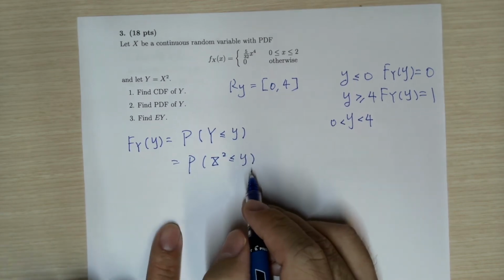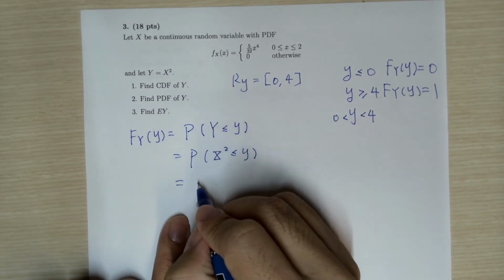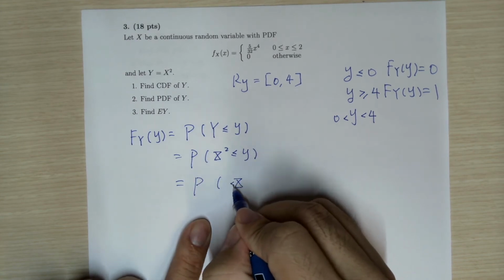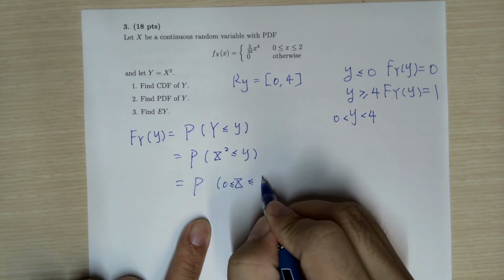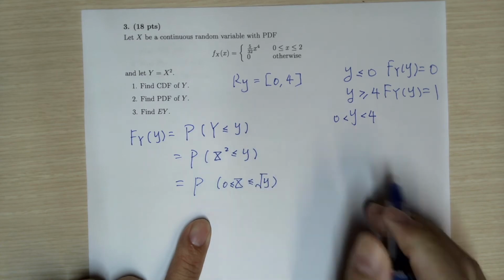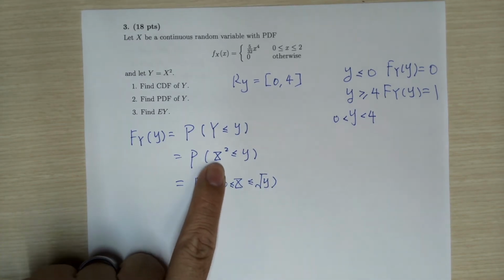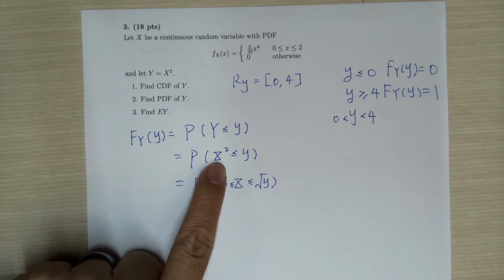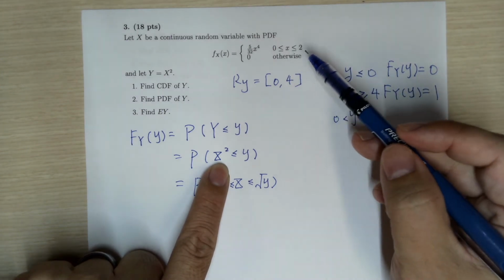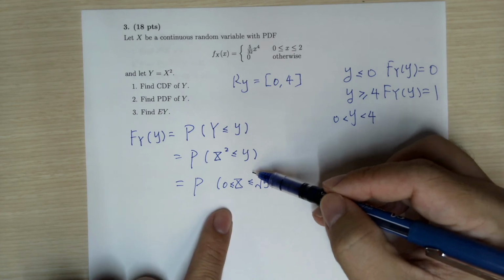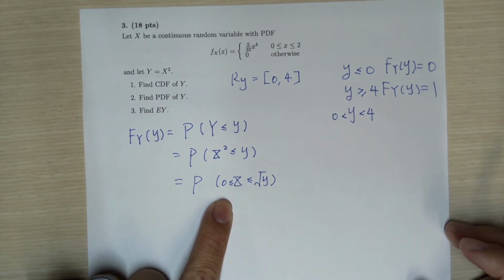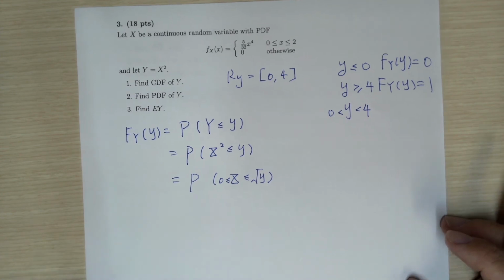If we solve this, it gives us x is greater or equal than negative square root of y and less or equal than positive square root of y. But our x is already from 0 to 2, so we have x greater or equal than 0 and less or equal than square root of y.